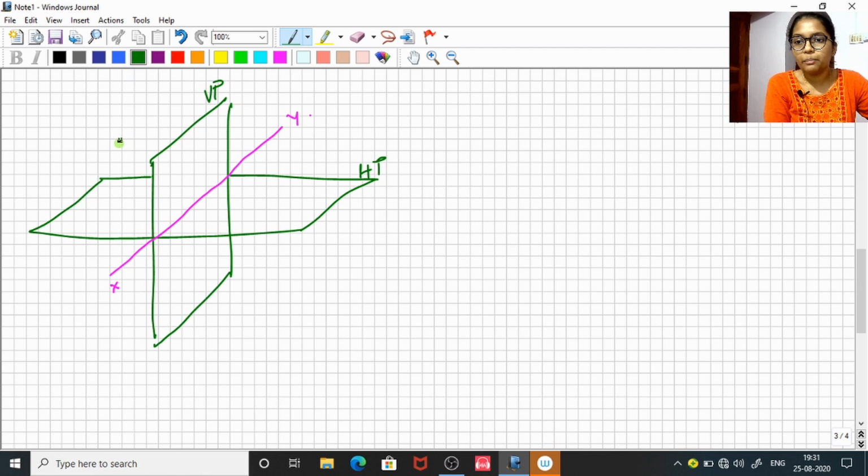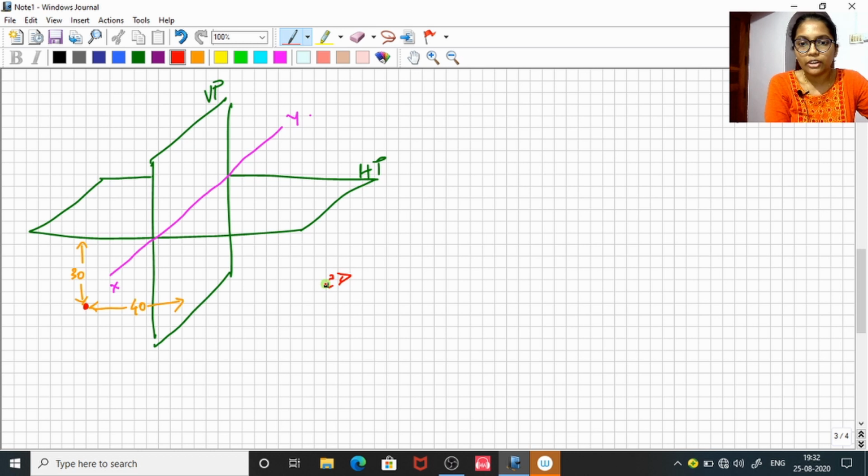And your point P is located in the third quadrant, about 30 mm below HP and 40 mm behind VP. Okay, here the observer is standing at this point.